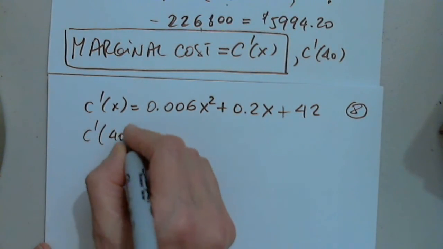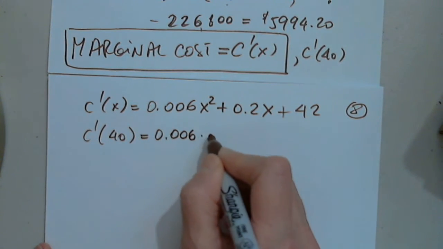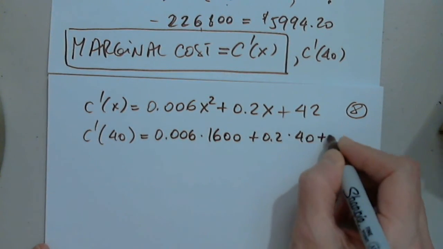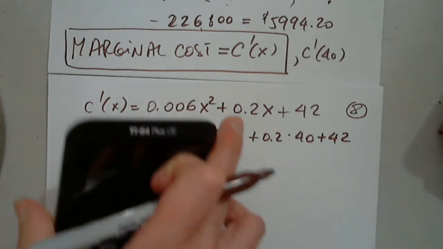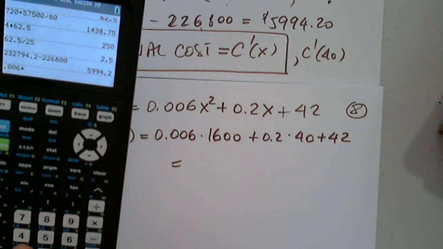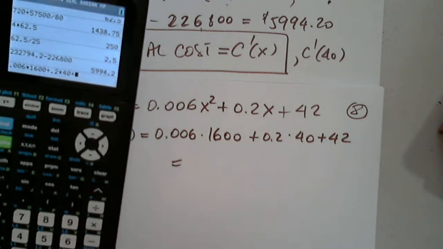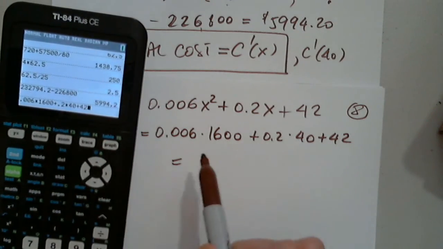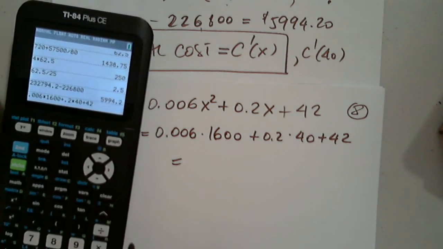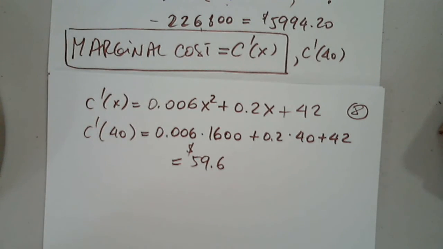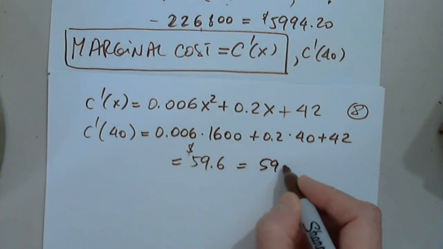So C prime of 40 is 0.006 times 1600, 40 squared, plus 0.2 times 40 and plus 42. I'm just making sure, 1600, yep. So I got 59.6. Of course, this is in hundreds. So 5960.